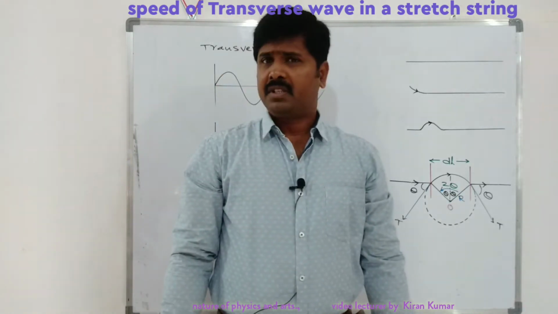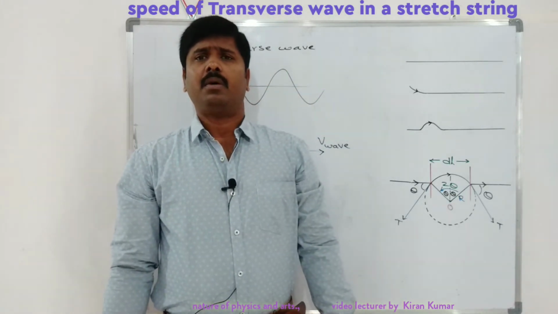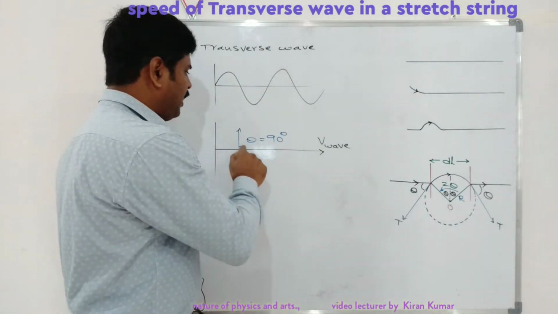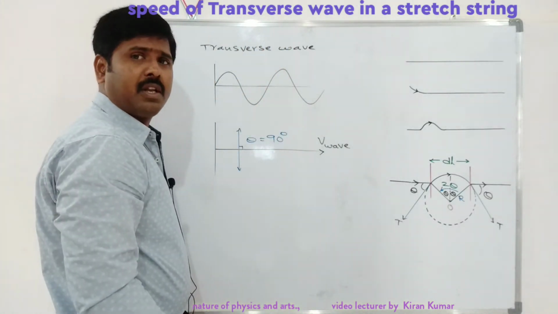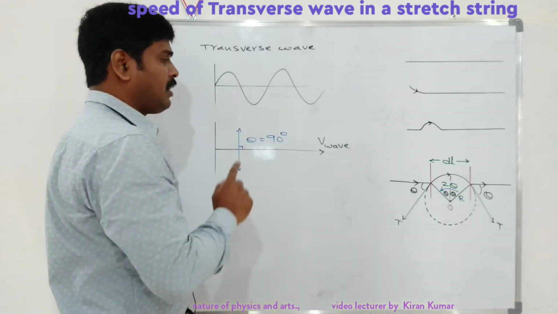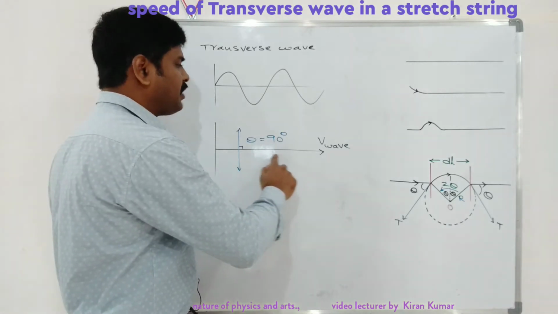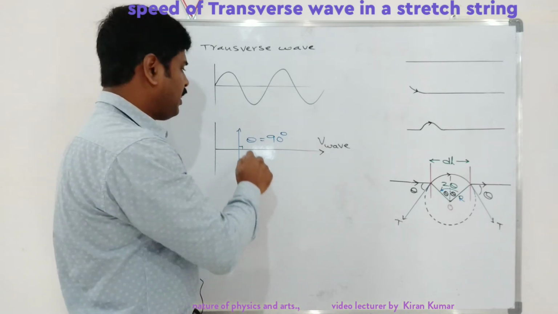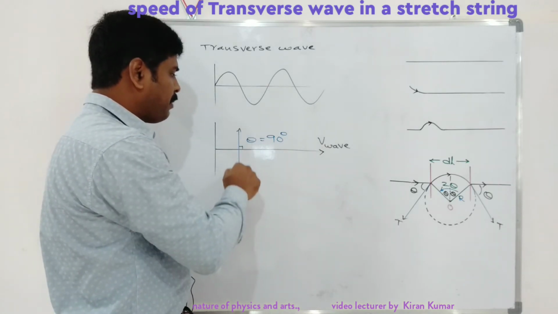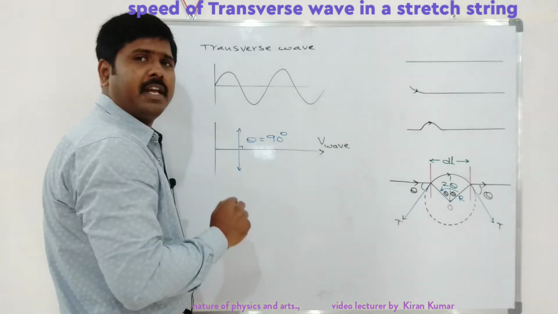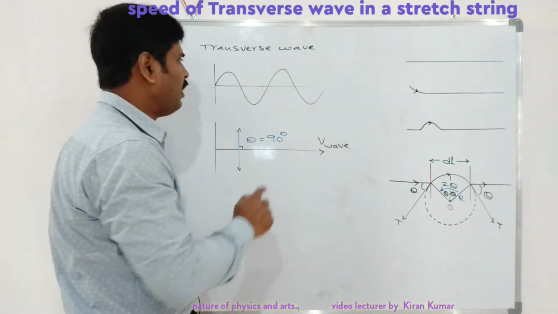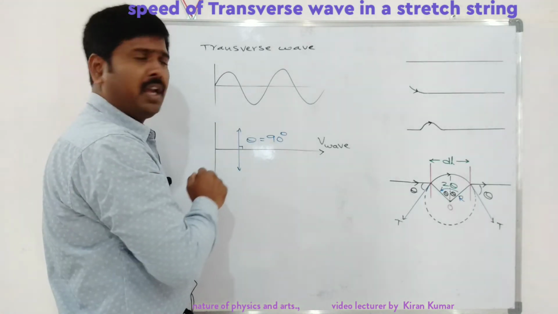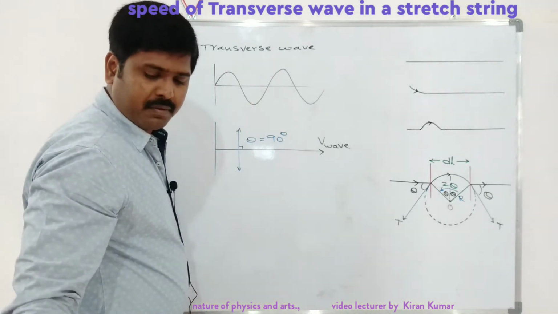See, what is a transverse wave? The particles of the medium which are vibrating perpendicular to the direction of propagation of the wave is called a transverse wave. This is the direction of propagation of the wave velocity. A best example for the transverse wave is a stretched string, in which crests and troughs will be formed.